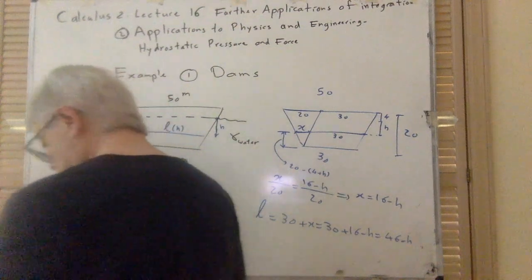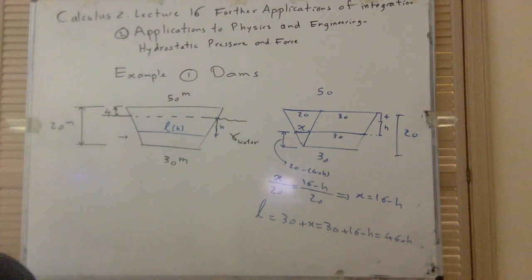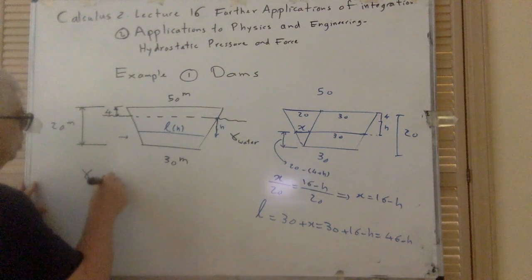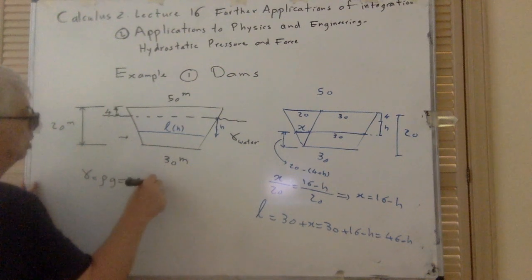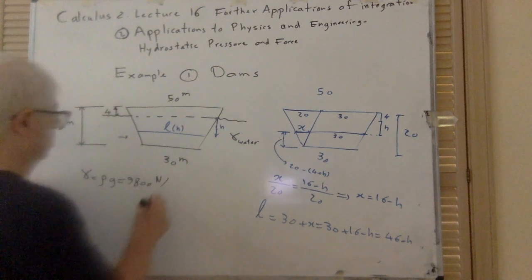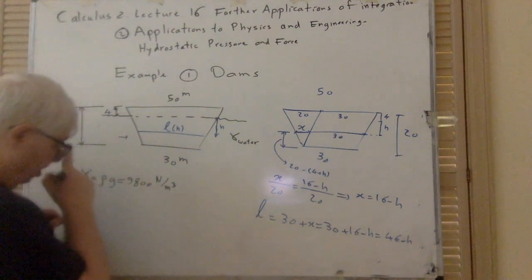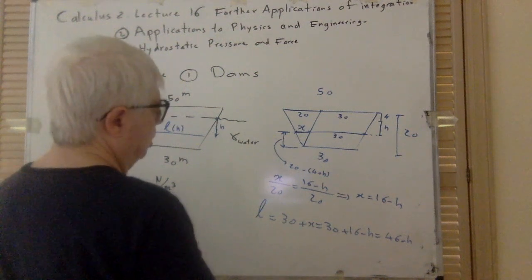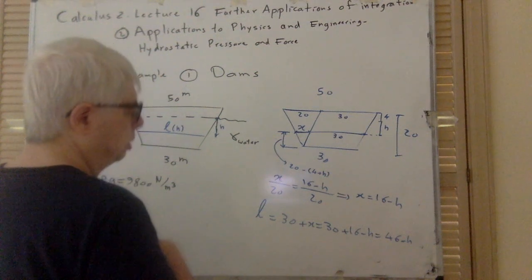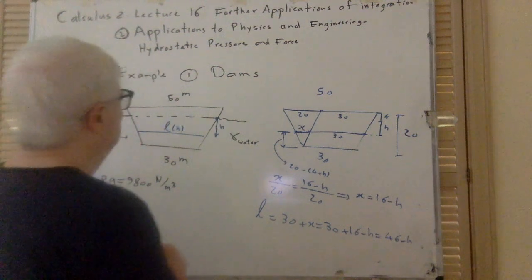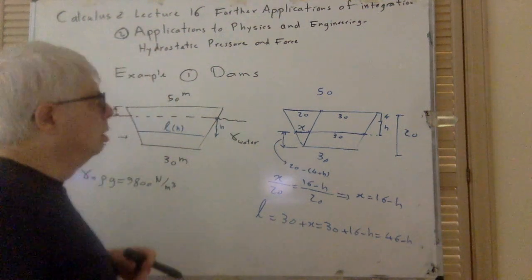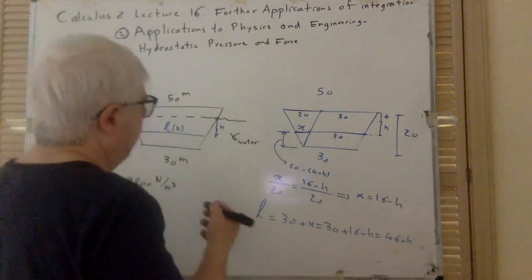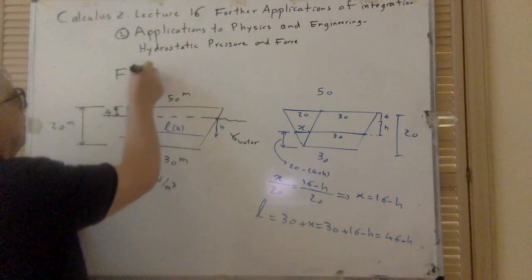And gamma of water is, I think that's 9800, right? Yeah. So gamma is rho g, which is 9800. So that's gamma, and what else do I need? Nothing really. I just need this L as a function of h, and then the force will be an integral.